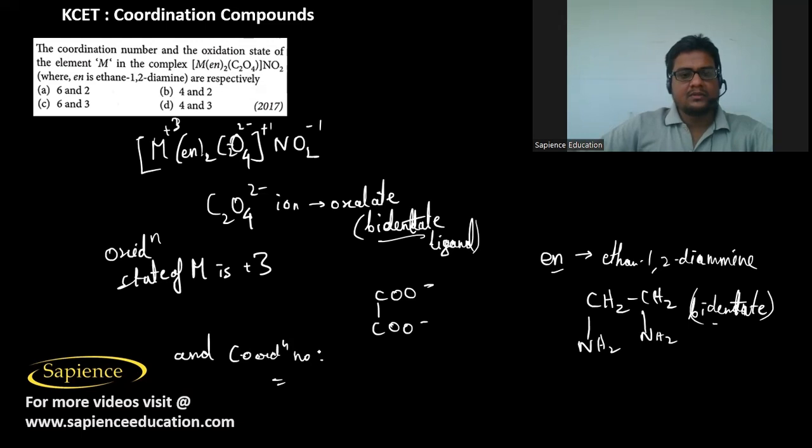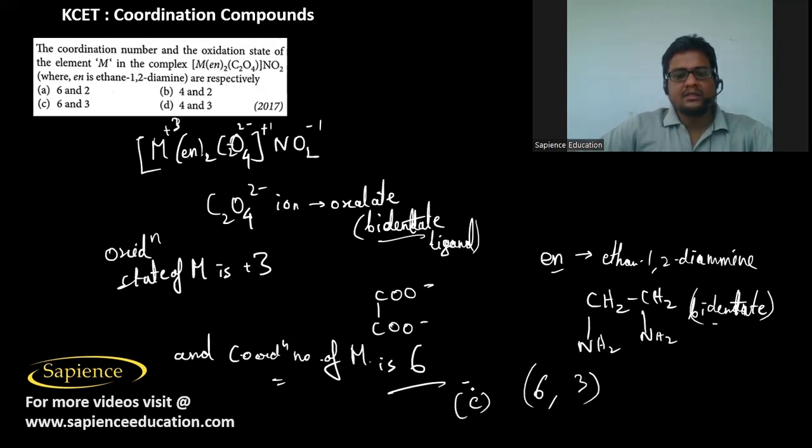Hence the coordination number of the metal atom M is 6. So the coordination number is 6 and the oxidation number is 3. So option C is the correct answer.